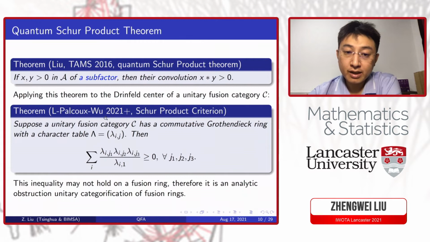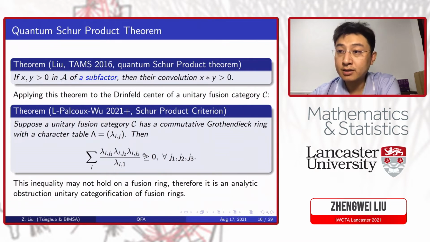And then we have the character table lambda_ij, and it says the following: if we take the multiplication of three columns after normalization, then it has to be positive. So for the group case, the denominator, this dimension, is 1. So we only see the multiplication of three characters and then take the integration.